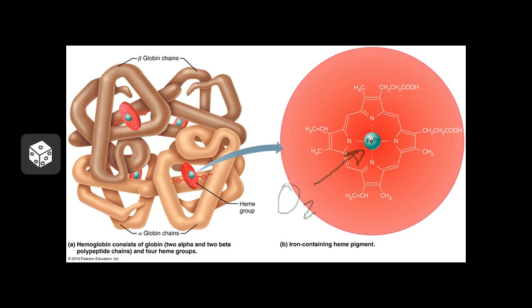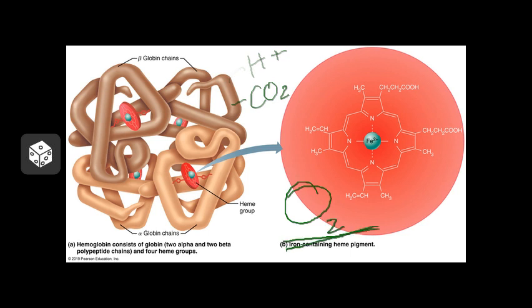Now, it's not the only gas that can bind to hemoglobin. On the globin chains, there are binding sites for hydrogen ions and carbon dioxide. But the dominant gas that is transported is oxygen. So each heme can hold 1 molecule of oxygen.